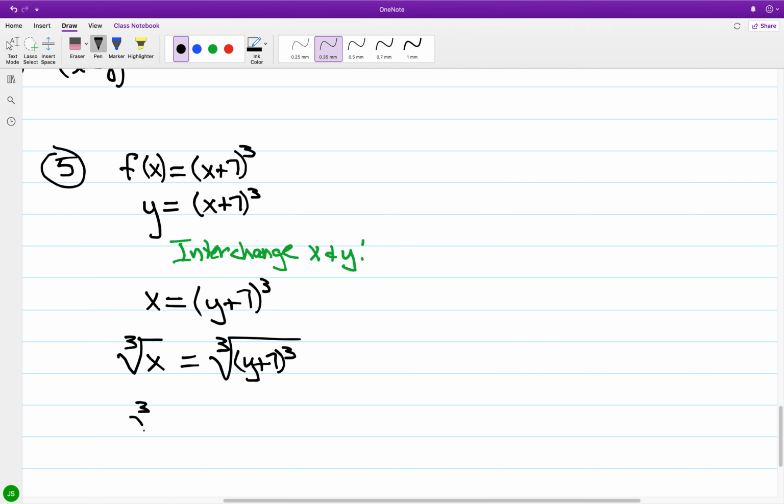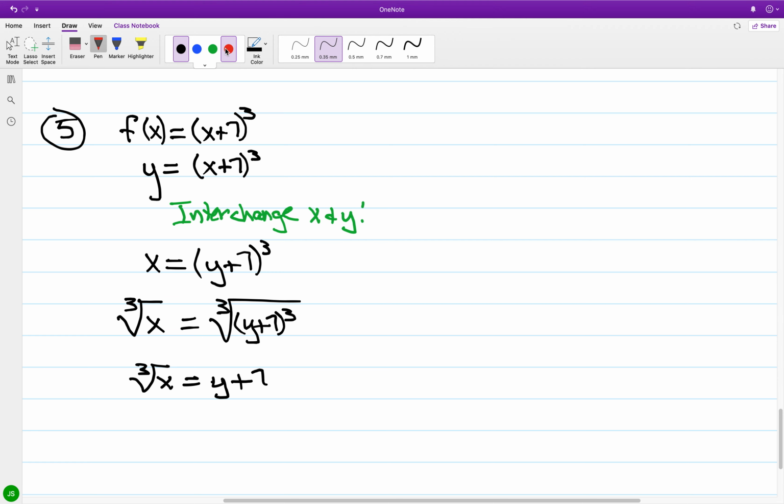So we have the cube root of x is equal to y plus 7. And if we isolate the y, I'm going to take 7 away from both sides. So the cube root of x minus 7 is equal to y.